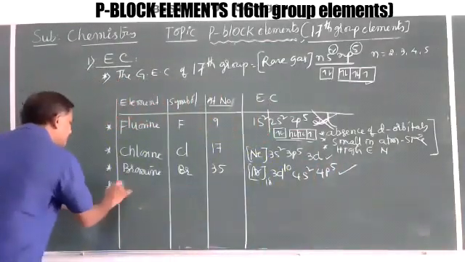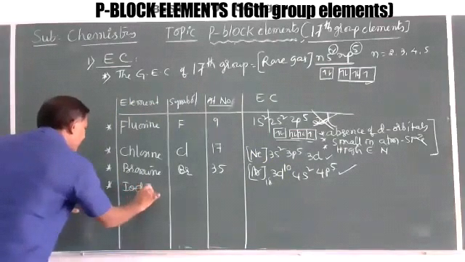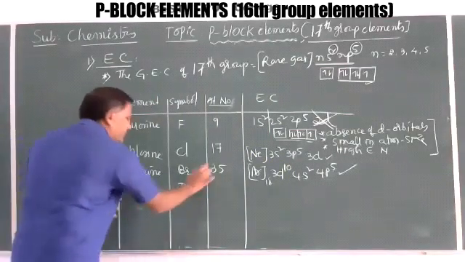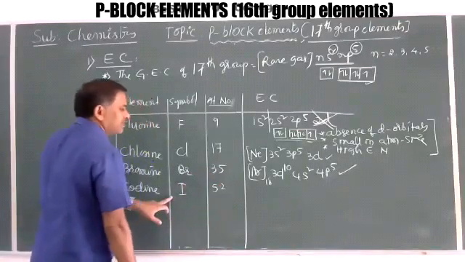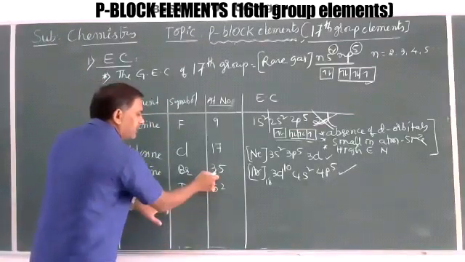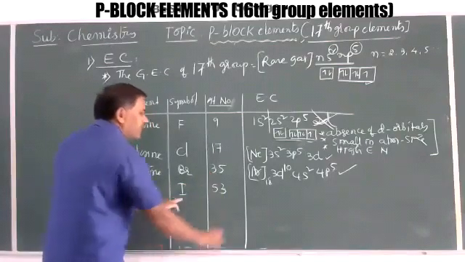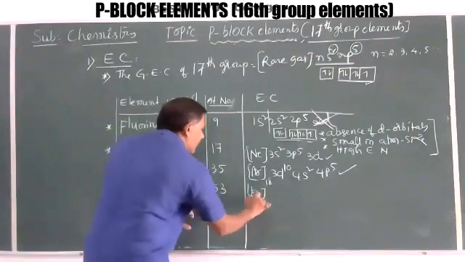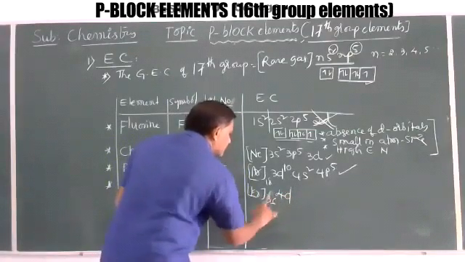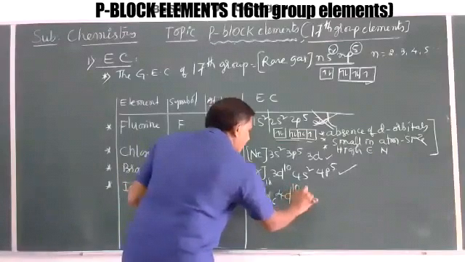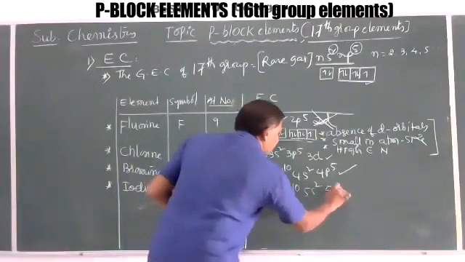Iodine, atomic number 53, the configuration is krypton, 4d10, 5s2, 5p5.